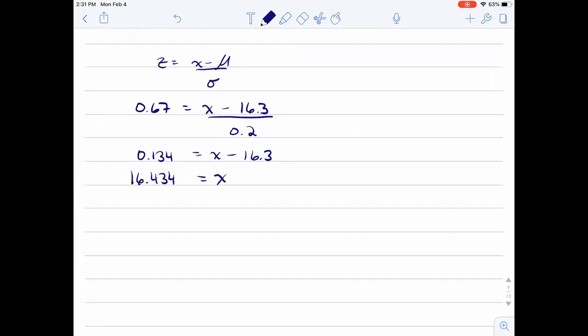Notice how I'm not rounding. Unless the decimals are out of hand, like here, we're only getting to 3 decimal places. So I'm just going to keep them in case it matters, right? Because we're talking 16.3 ounces with a standard deviation of 0.2. So maybe these little decimal places are going to matter.